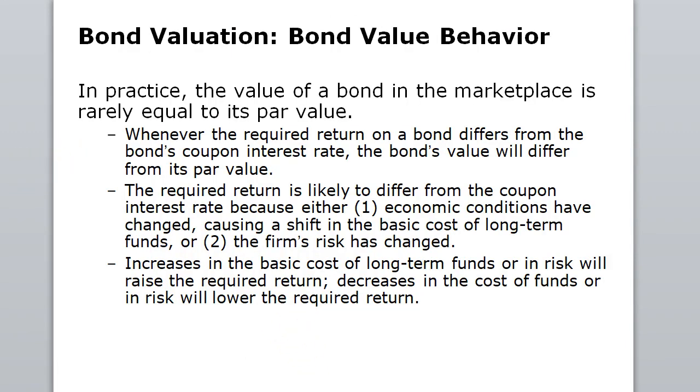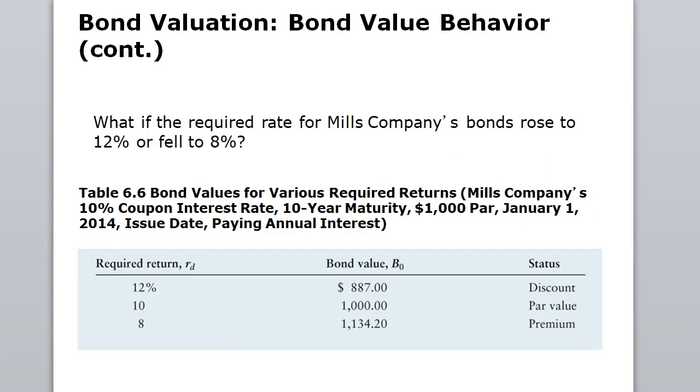In practice, the value of the bond in the marketplace is rarely equal to the par value because of changing economic conditions, shifts in interest rates, and inflation would be a main economic condition. Also, changes in the risk of the firm are another factor that will be expressed in the difference between the par value and the market value of the bond. What if the required rate of return for the bond rose to 12% or fell to 8%?